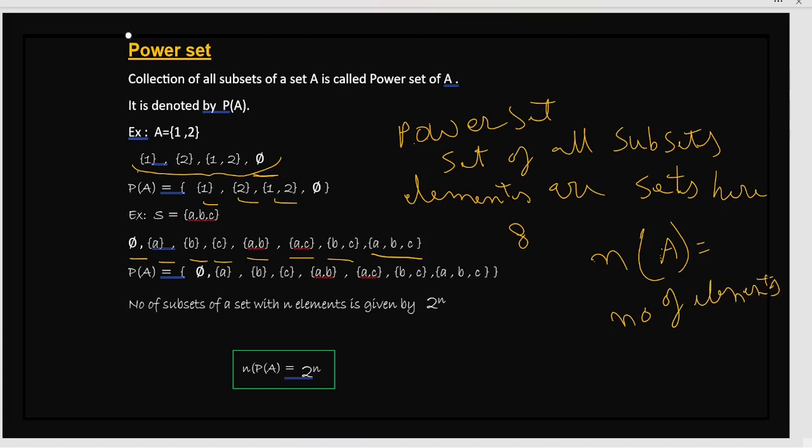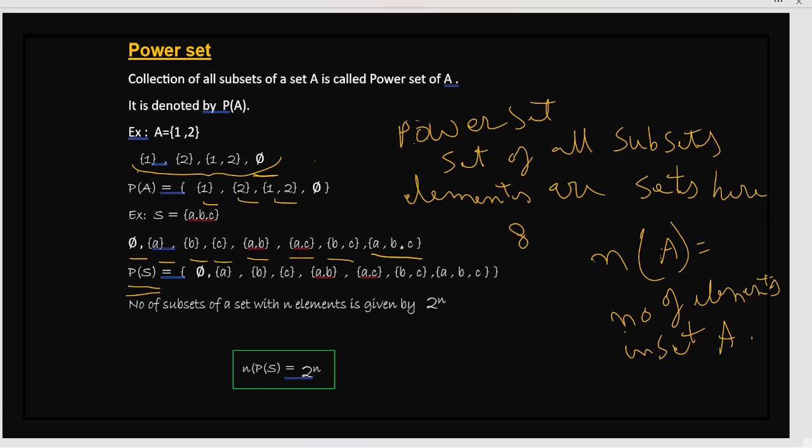We call n the number of elements in set A. The number of elements in P(A), the power set, is denoted by n, with the set name within the brackets. Here, the number of elements in the power set is given by this formula.